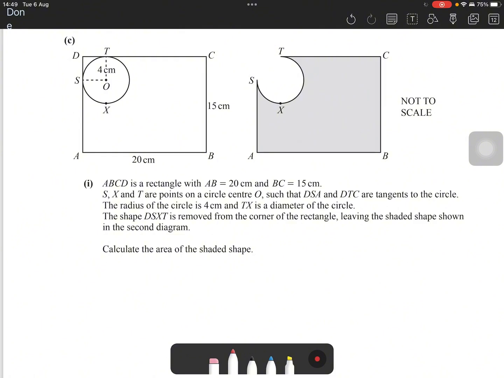So first, I will divide the shape into two parts. The red square. The area of the square DSOT is equal to the side squared. The side is 4 centimeters. So 4 squared is 16 square centimeters. Then we'll find the area of the yellow part. The yellow part is 3/4 of the circle.